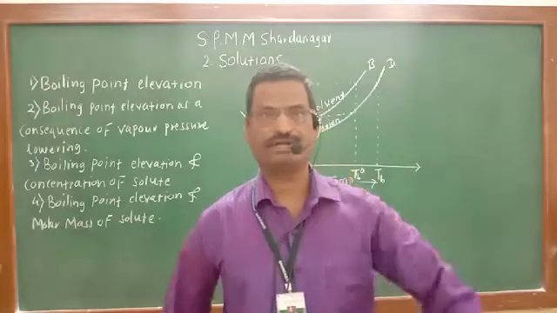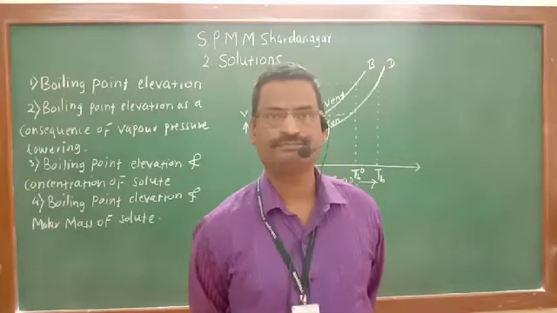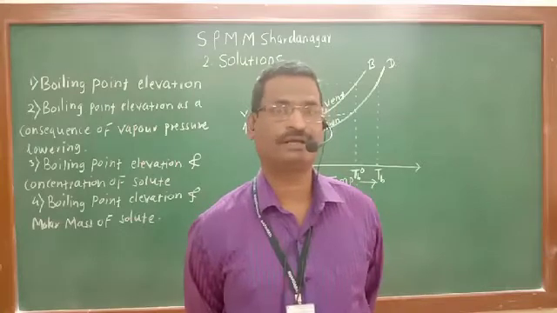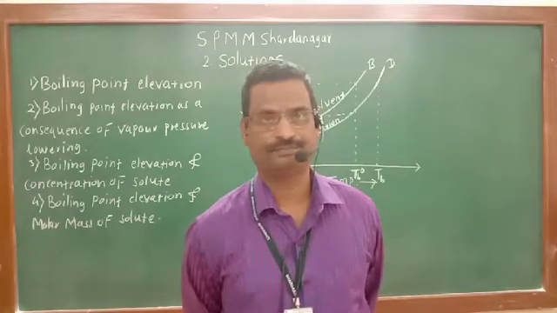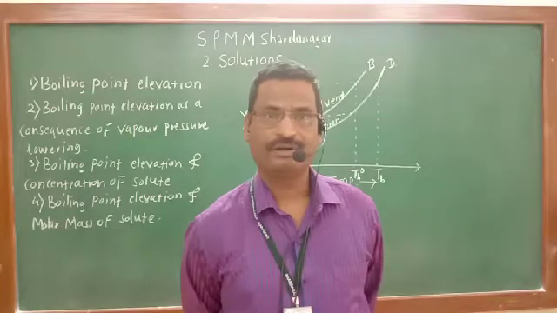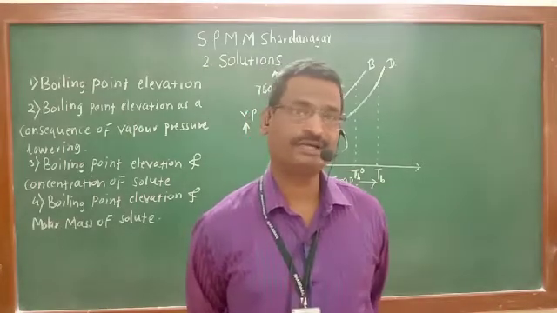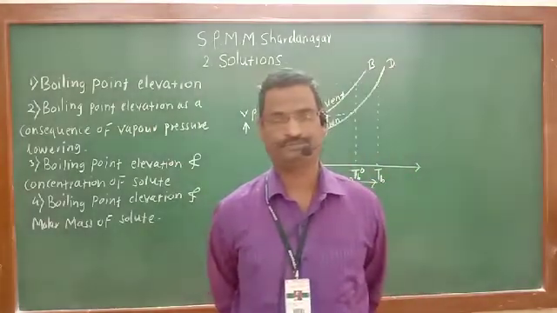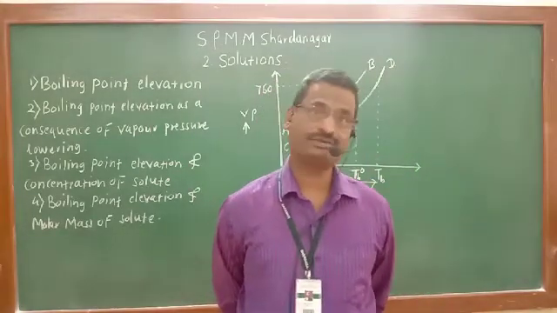The first colligative property we have completed is vapor pressure lowering. We have seen that the vapor pressure of the solvent is always greater than the vapor pressure of the solution. I have also explained the reason.